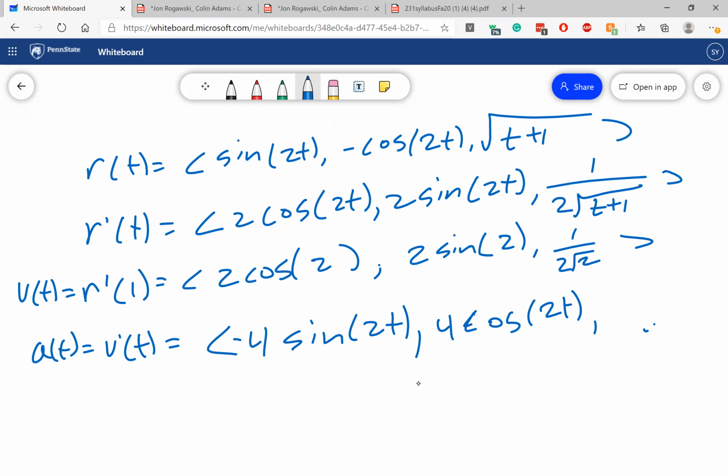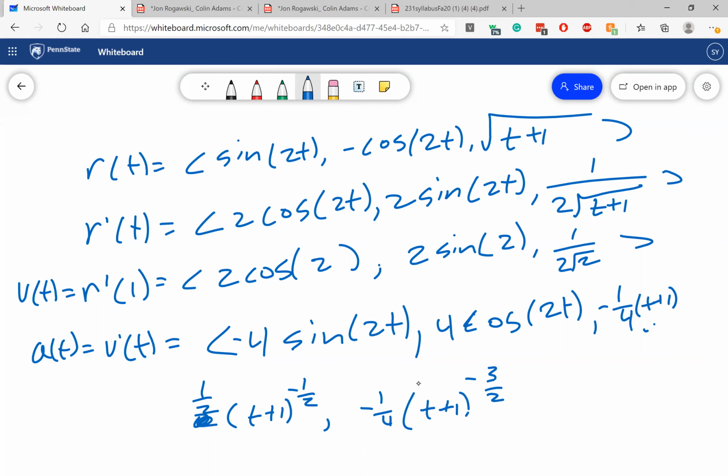And this last component is the same as 1/2 times (t plus 1) to the negative 1/2, so the derivative is going to be negative 1 over 4 times (t plus 1) to the negative 3 over 2.